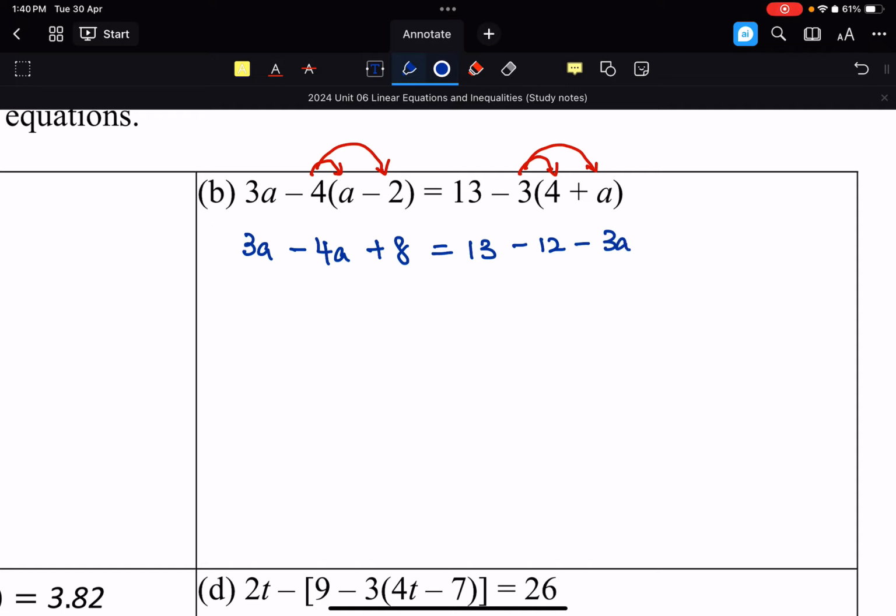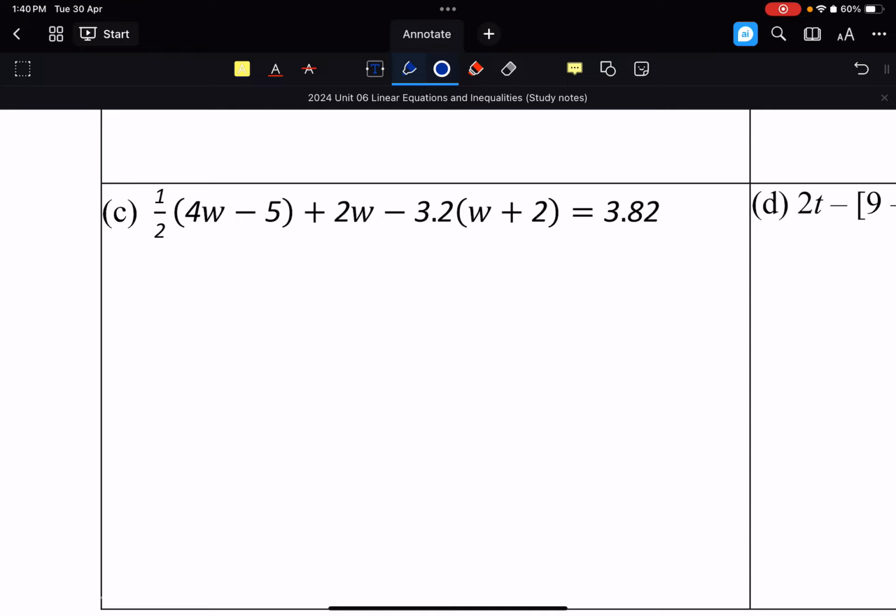So to simplify things a little bit, this will be 3a minus 4a plus 3a. This will be 13 minus 12, then minus 8. And that will result in 2a is equal to negative 7, right? So a is equal to negative 3.5. There we go.